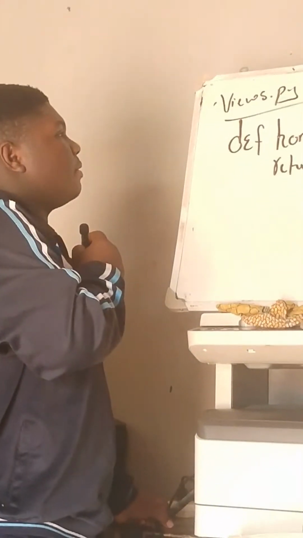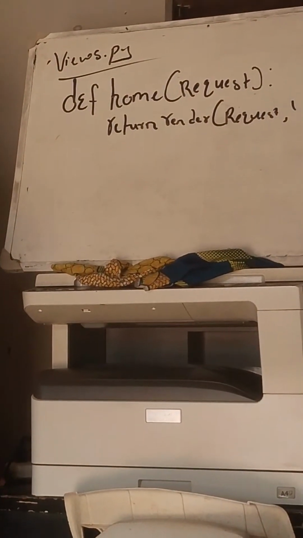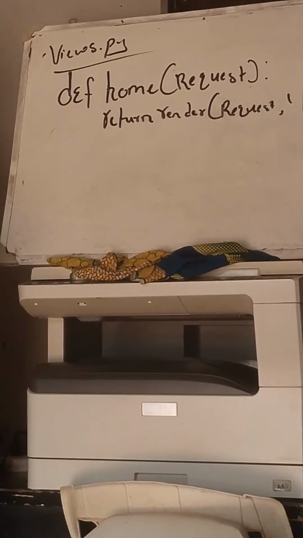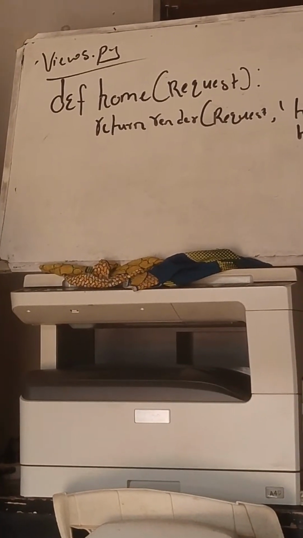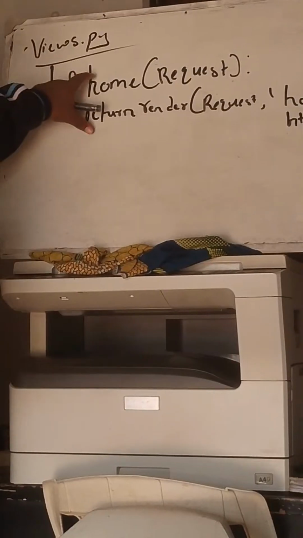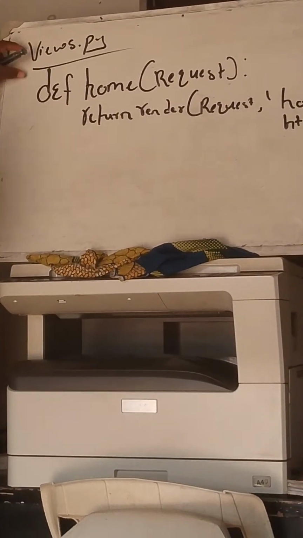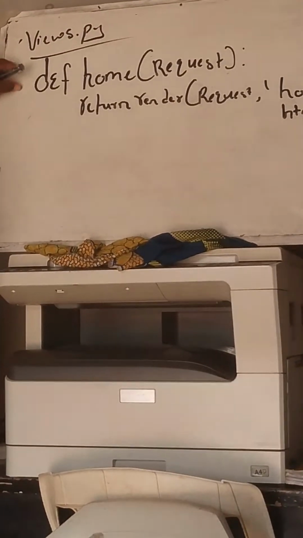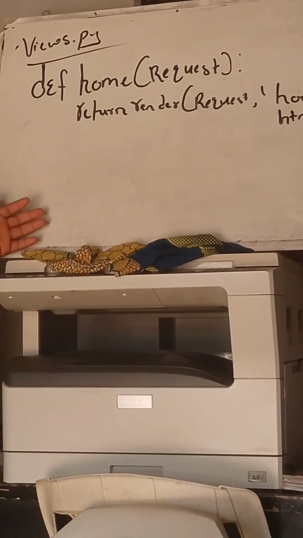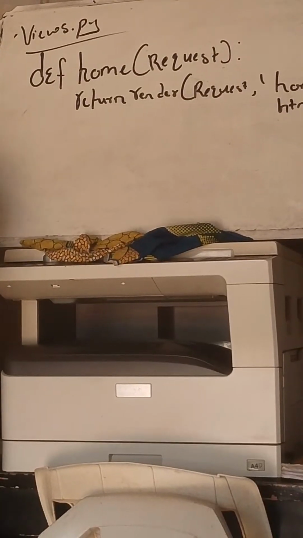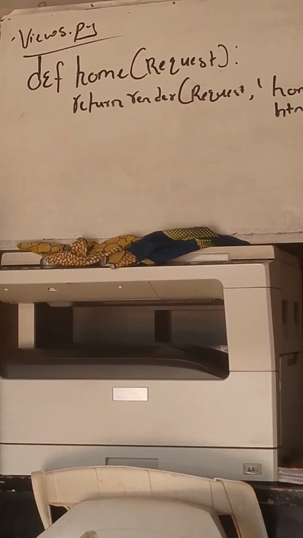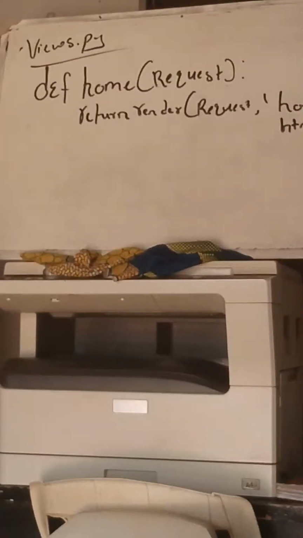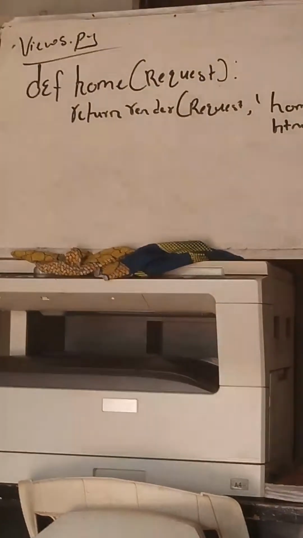Sometimes it might not be there, and you have to import it to allow it to work. For example, if you want to create the URL for this, and you don't import the views from where it is so that it has a connection with the URL, your URL link will not be available and it will not work. So yes, you have to import for your code to work. But luckily for us, it's already here.